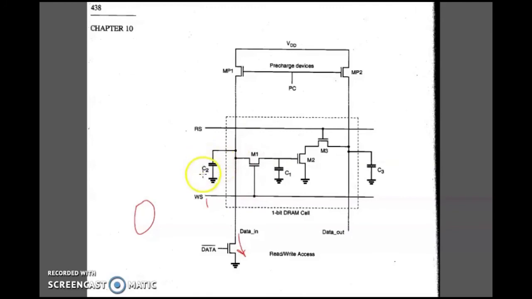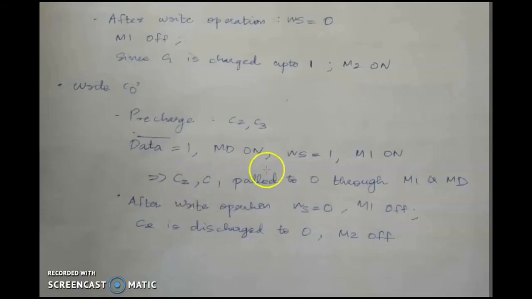The charge across C2 and C1 is discharged and pulled down to 0 through this transistor, and as a result logical 0 is written onto the memory cell. After the write operation, word select is 0 so that M1 is off. Now C2 is discharged to 0, so M2 will be in off condition.